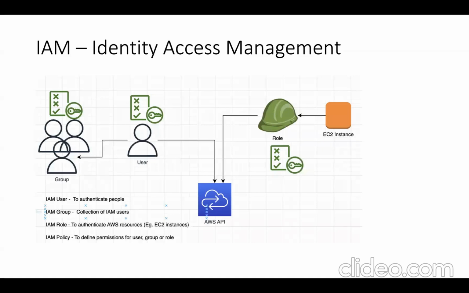This is the diagram which represents identity access management in AWS very well. Basically, it restricts the users and the resources accessing the AWS API. We have a user who can log into the console, or you can use a CLI to access the AWS API, and a group of users are grouped under a group.